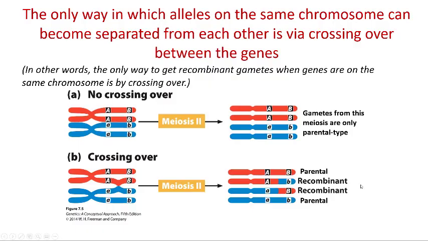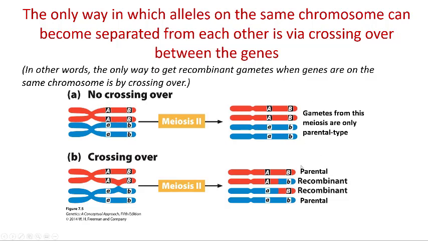Now, occasionally, recombinant gametes are observed, and that is if the genes are a little bit further apart from each other. They can be separated from each other via crossing over. So if you had a situation like this, where the two dominant alleles were together on a chromosome, the two recessive alleles were together on the other homologous chromosome, the only way that you can ever separate the big A from the big B is via crossing over.